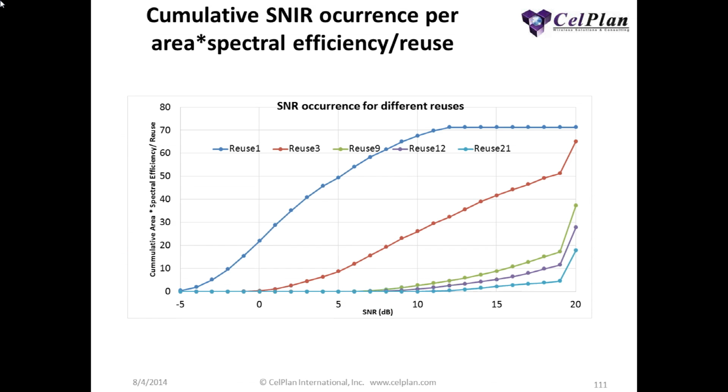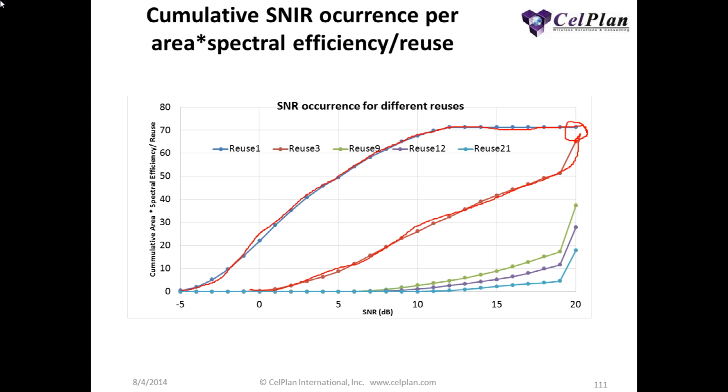And then we calculated now the cumulative number. And basically the spectral efficiency for reuse of 1 flattened here, but surprisingly it gave a slightly better, I would say nearly the same result as reuse of 3.